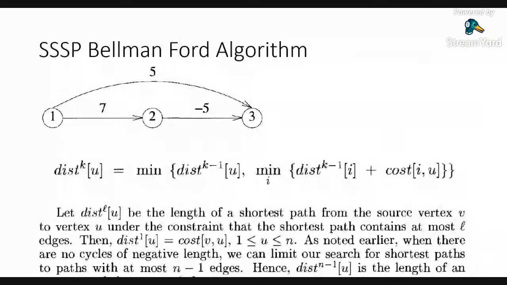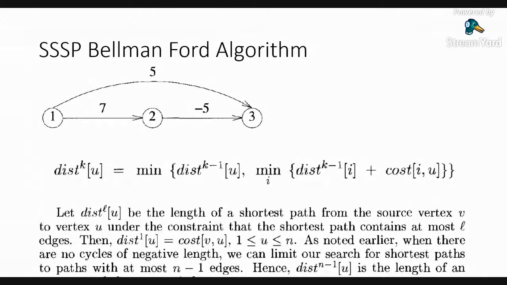But actually, we can note here the shortest path between node 1 and node 3 should be 2 only, because 1 to 2 costs 7, and 2 to 3 costs -5. So this should be the shortest path from node 1 to node 3, and the corresponding shortest path cost will be 2.